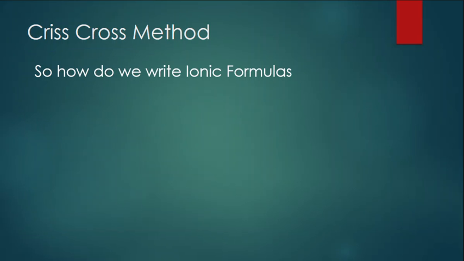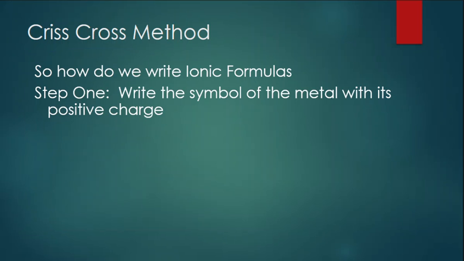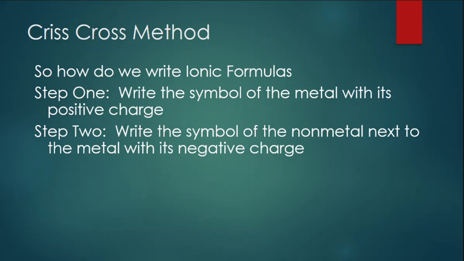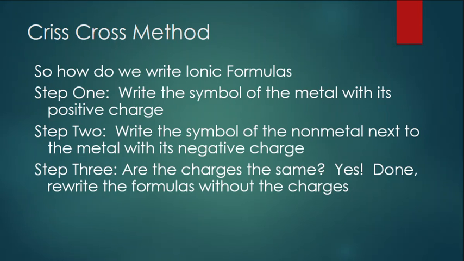So how do we write ionic formulas? Step number 1, write the symbol of the metal with its positive charge. Step number 2, write the symbol of the non-metal next to the metal with its negative charge. Step number 3, ask yourself the question, are the charges the same? Yes? Done.